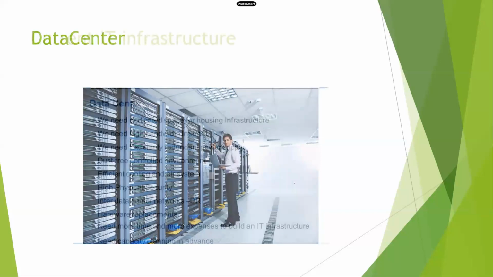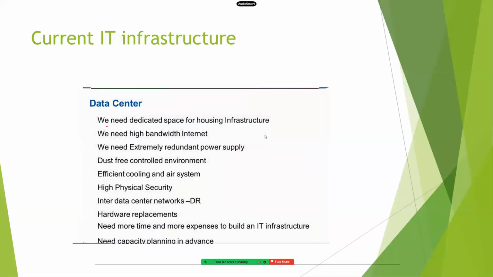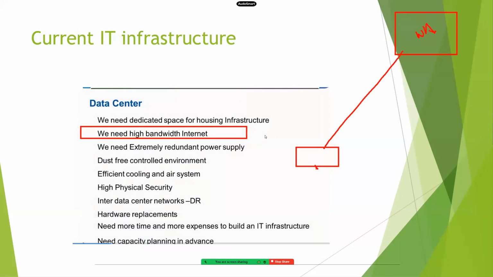Okay, yeah, next. We need high bandwidth internet. See, my data center is in Washington, DC. Assume that I am sitting in Hyderabad. To access client related server, storage, network and all, we need high bandwidth internet.